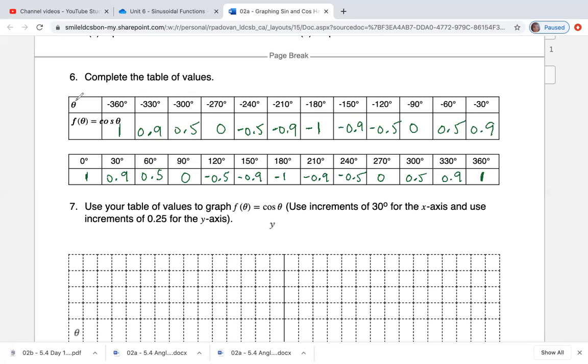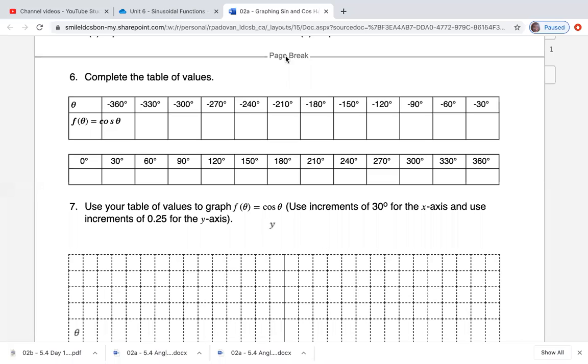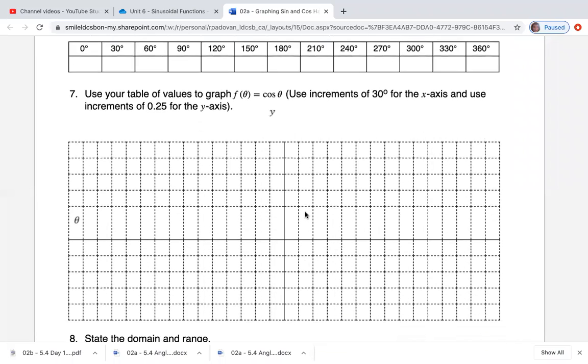So if we take this again, with cos of theta being the x-axis and our values here being the y-axis, and same thing as before, use increments of 30 and use increments of 0.25. So again, I'm going to move this up. We'll take a look at what's different, because obviously it's not exactly the same. It's going to look similar.